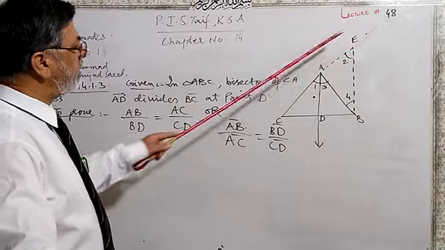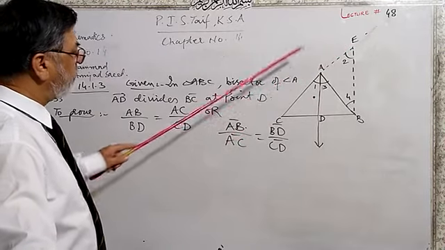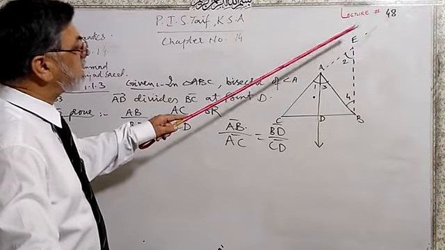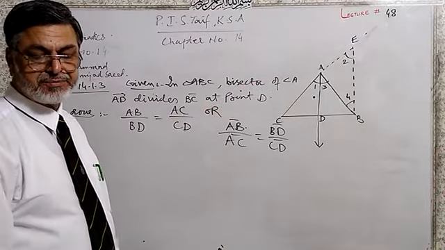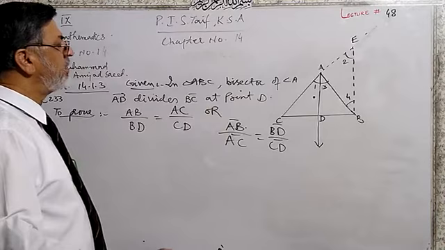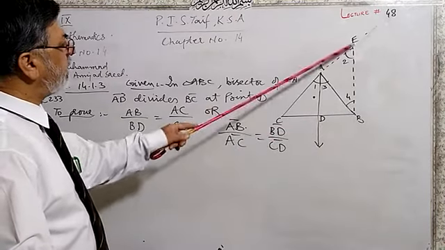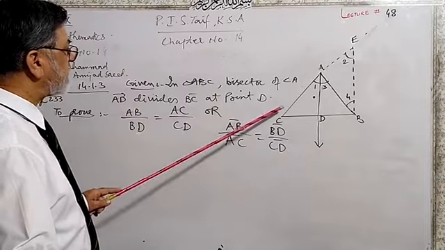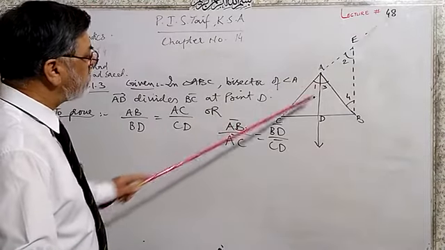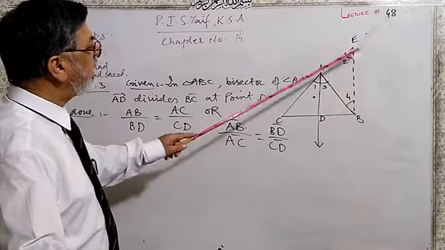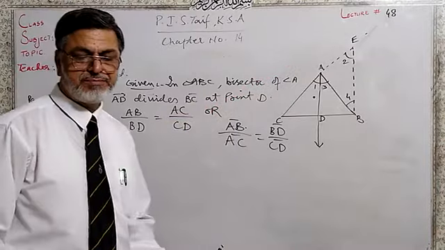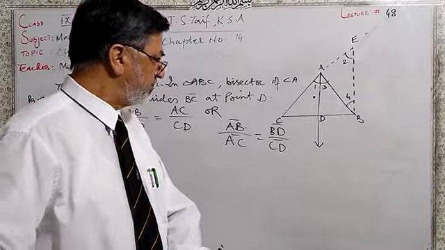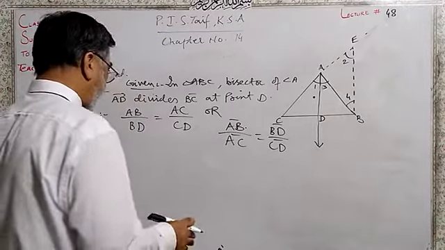Draw BE parallel to DA, which meets CA produced, that is, extended CA, at point E. So this is your construction. After that we have the proof.